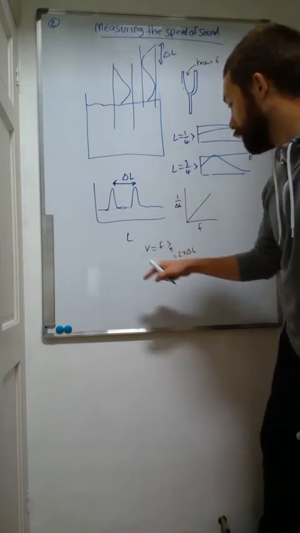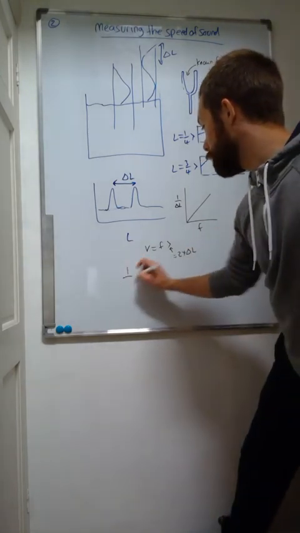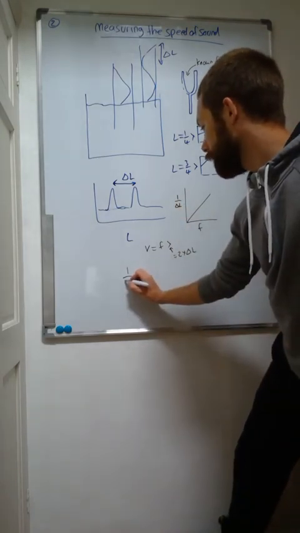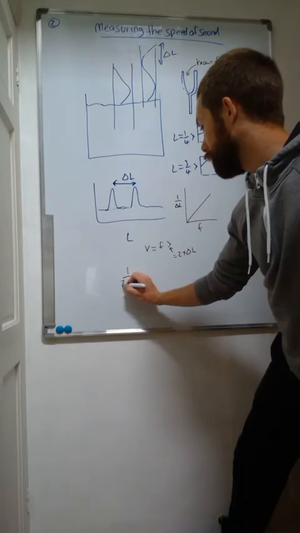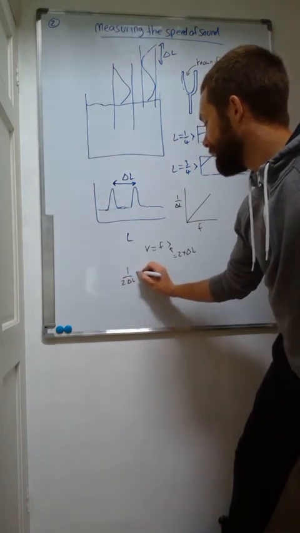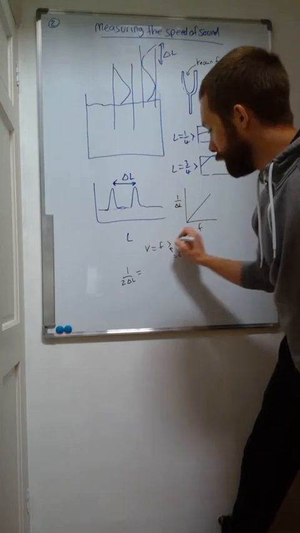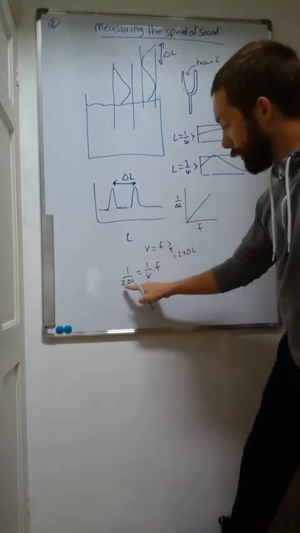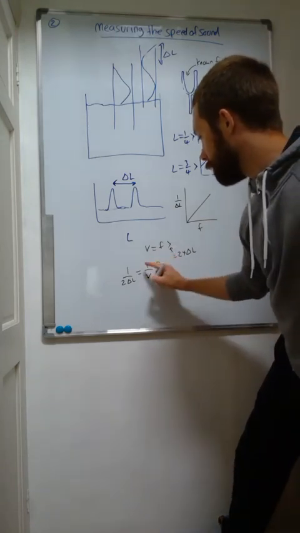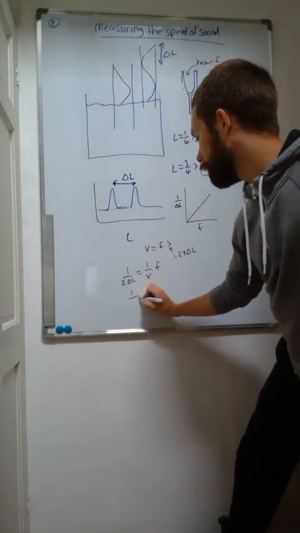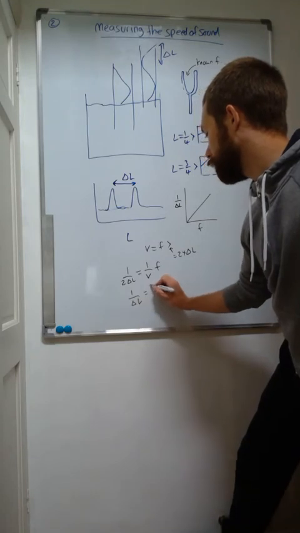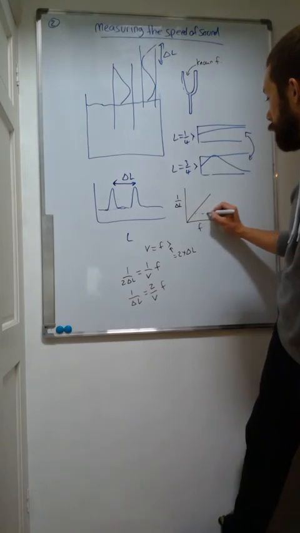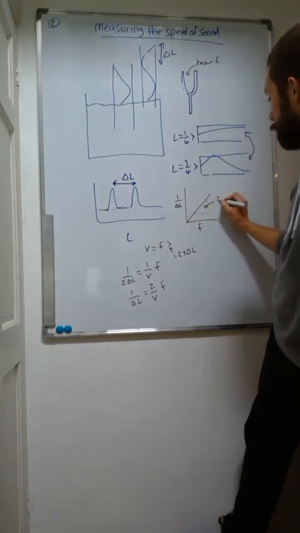So when I rearrange this equation, I bring the 1 over the change in length, and bring the 2. 1 over 2 times the change in length is equal to 1 over v times f. Putting the 2 back up, finally 1 over the change in length is equal to 2 over v times the frequency. So this time, the gradient would equal 2 over v.